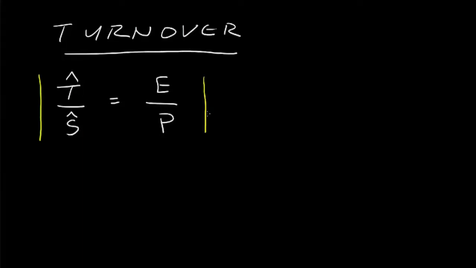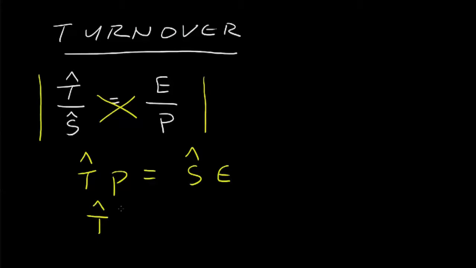So we can use this as a basis for solving T hat and coming up with a new way of estimating it mathematically. And to do that, we just simply cross-multiply with this equation. So we cross-multiply and we get T P equals S hat E. And we can divide by P now, and that gives us S hat E divided by P.